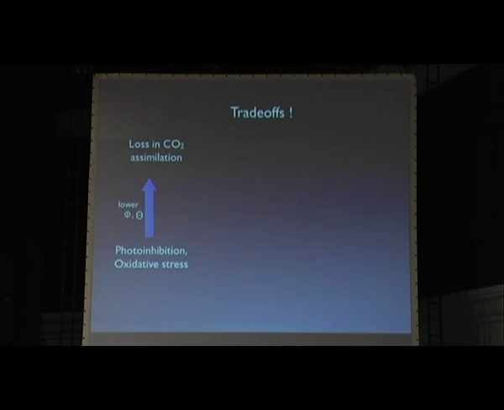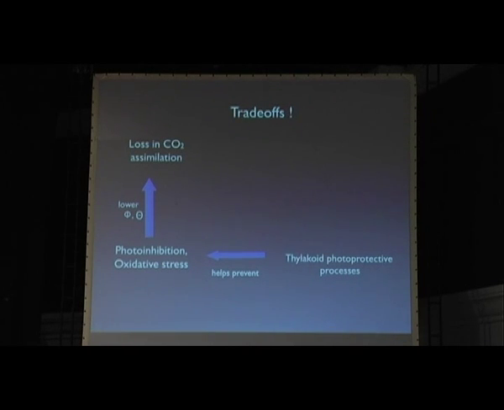And I've been very concerned for a long time that there are trade-offs with processes like photoprotection. So, for example, photoinhibition and oxidative stress obviously will result in a loss in CO2 assimilation. I don't think there's any doubt about that, through a lowering of quantum yield and the convexity of the light response. And the thylakoid photoprotective processes help to prevent photoinhibition.